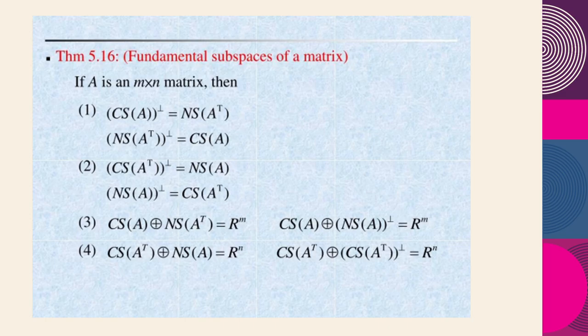Similarly, the orthogonal complement of the column space of A transpose is the null space of A. Also, if A is an m by n matrix, the column space of A combined with the null space of A transpose fills up the entire space Rm. And the column space of A transpose combined with the null space of A fills up the entire space Rn. These relationships are very useful when solving systems of equations.